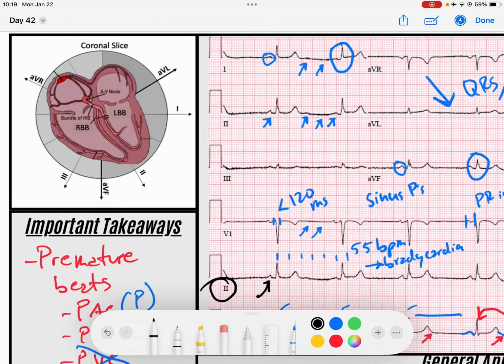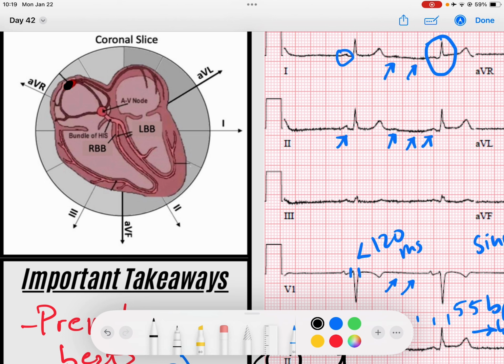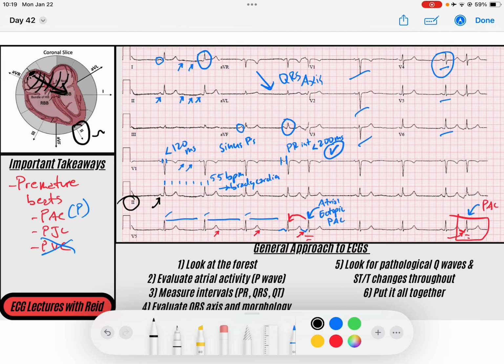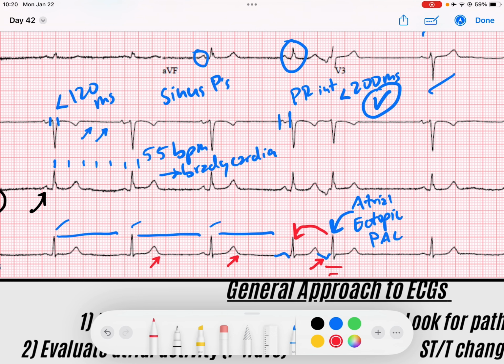Upright P waves occur in lead 2 because when my SA node fires, it goes down and to the left, which creates an upward deflection in lead 2. When I have a premature atrial contraction coming from somewhere lower within the atria, as we said is occurring in this beat, you can see my P wave is negative in lead 2.